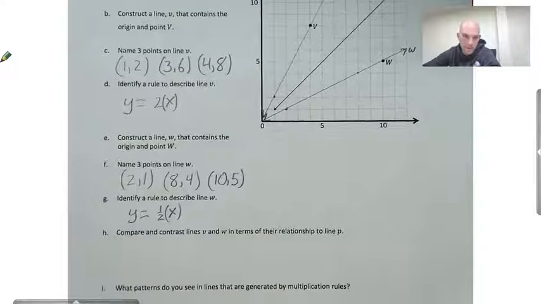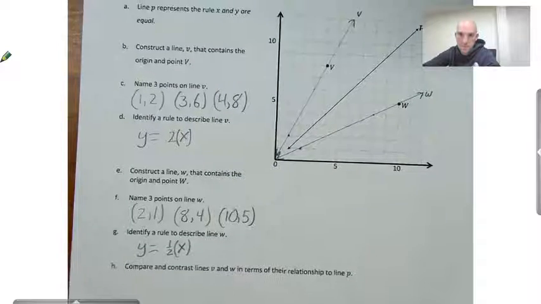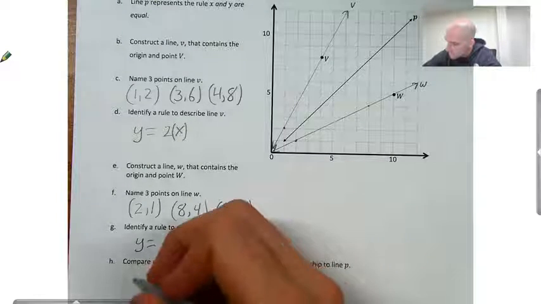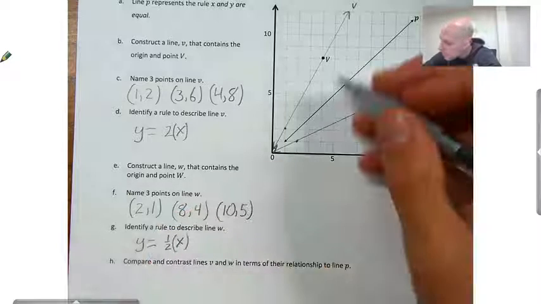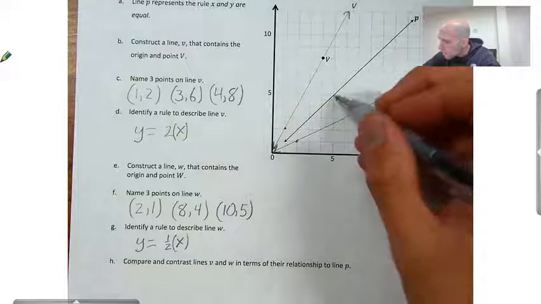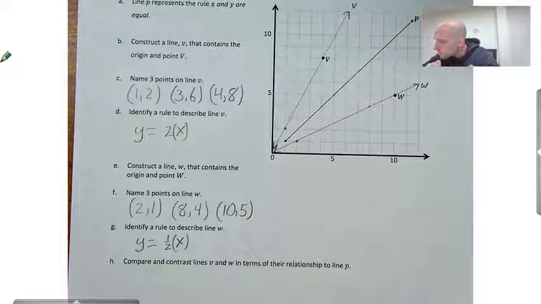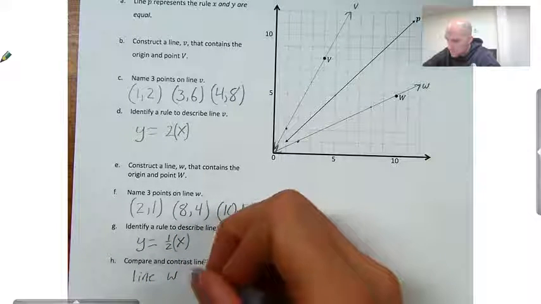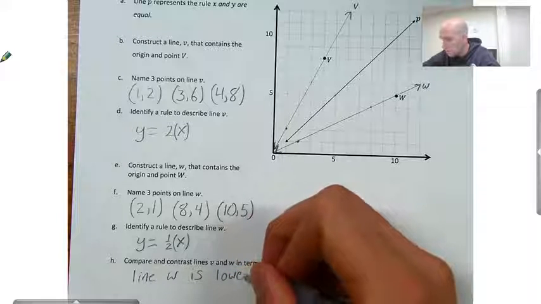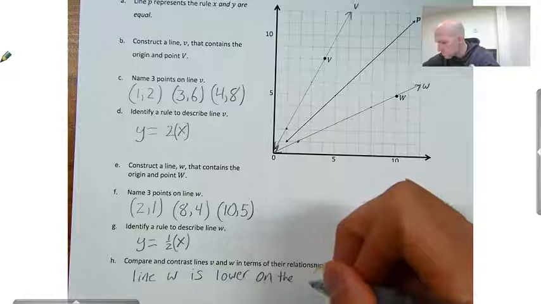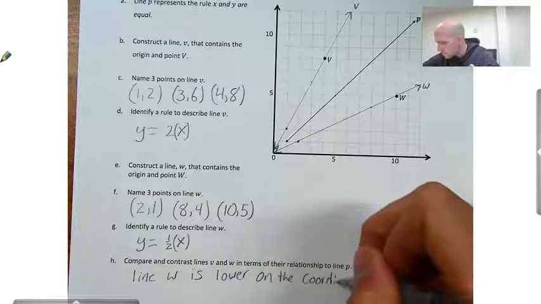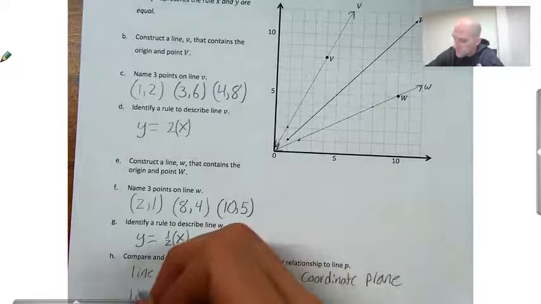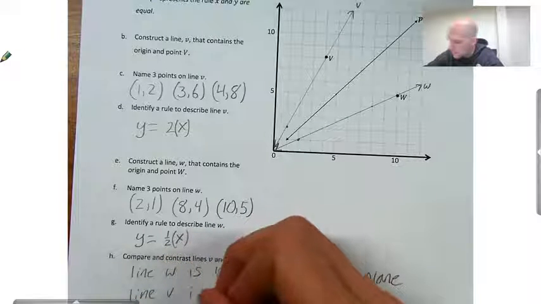So it says compare and contrast lines V and W in terms of their relationship to line P. Well, they're not parallel, but line W is lower on the coordinate plane relative to line P, and line V is higher on the coordinate plane.